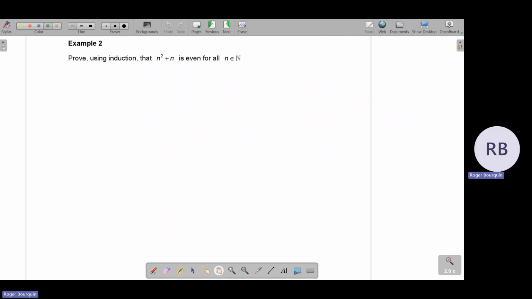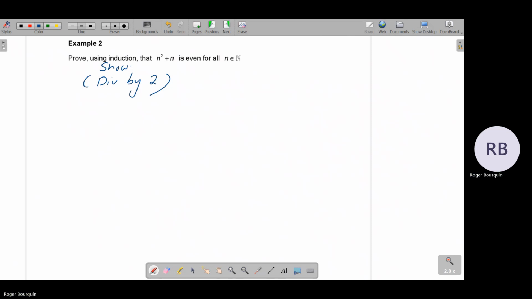It works, yes. That's how we're going to go about that. So the question is saying, is it divisible by 2? That's what you're trying to do. Something is an even number, we're trying to show it's divisible by 2.